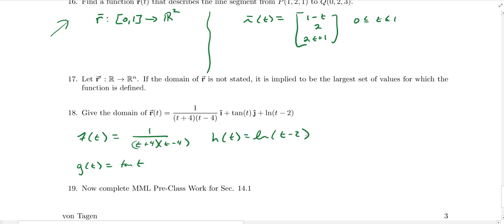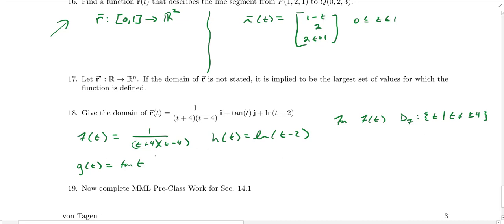So if we want to give the domain of this, we want the largest set of real numbers for which this vector is defined, and this vector is defined if all of its components are defined. And so we see that from the first component function, t is not allowed to be -4 or 4. So the domain of f is all real numbers t such that t does not equal plus or minus 4.